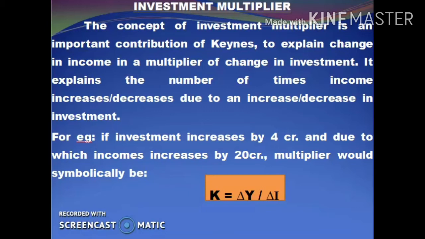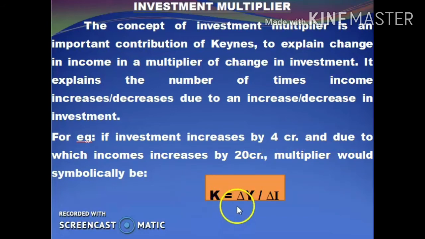If it is decreasing, the national income will decrease. For example, a textual question: if investment increases by 4 crore and due to which income increases by 20 crore, how can the multiplier be found?